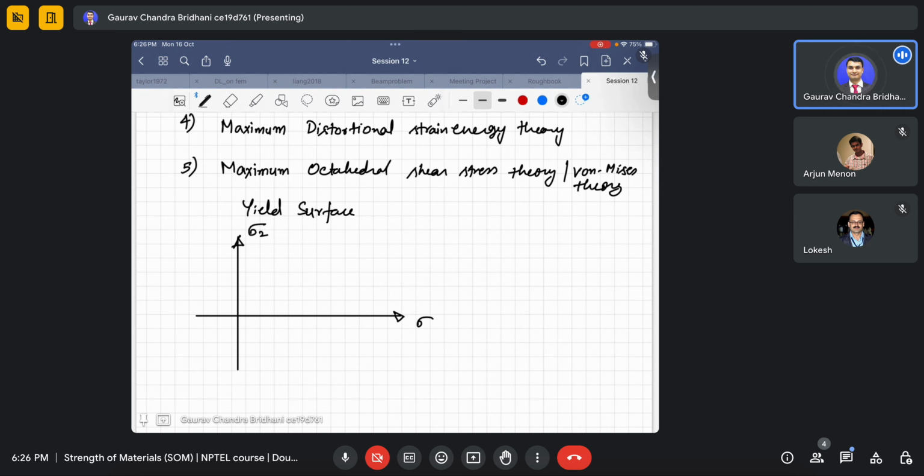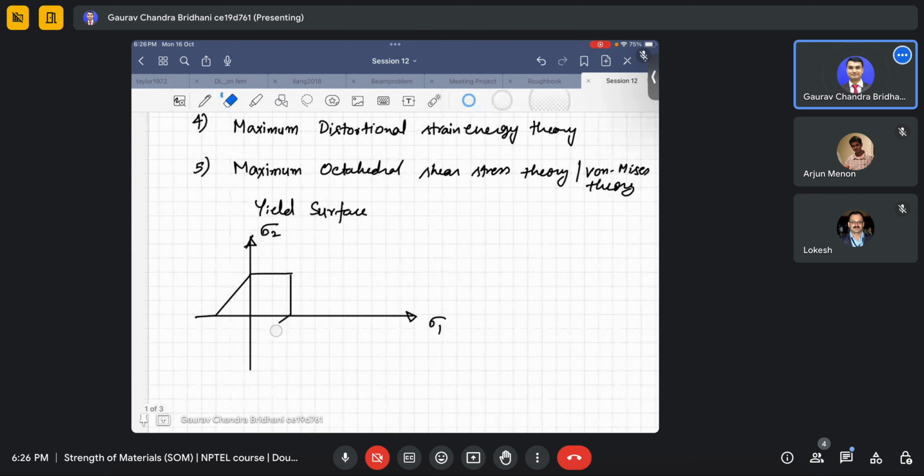If you look at Tresca theory, it looks something like this, and these sides should be parallel.